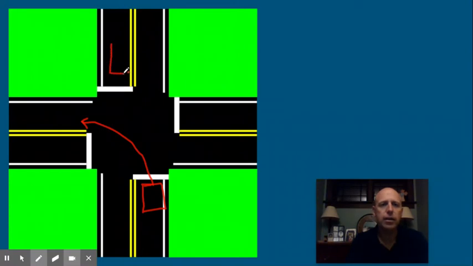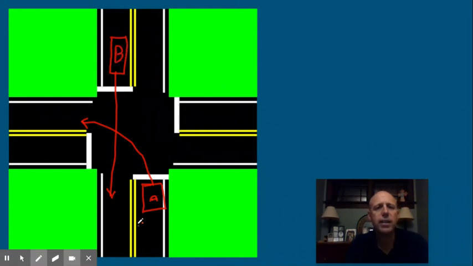But here is a car that's coming this direction, and they also have a green light, and they're going to be going straight. We'll say that we are car A, and this is car B. If both of us have green lights, then car A has to yield to car B. Car B gets to go first because they're moving straight. Car A has to yield. If they both have a green light, that's the law.